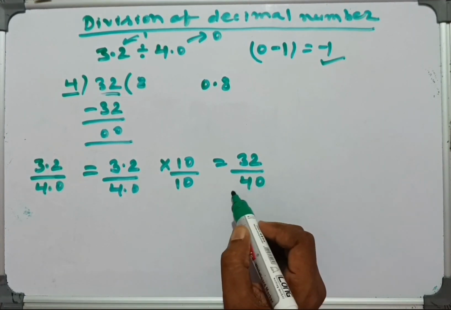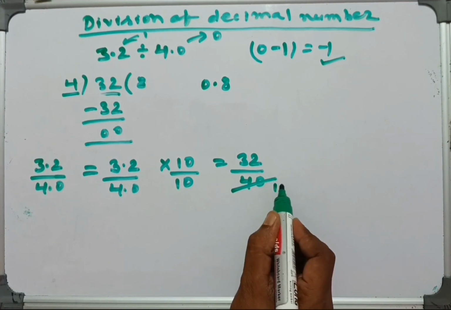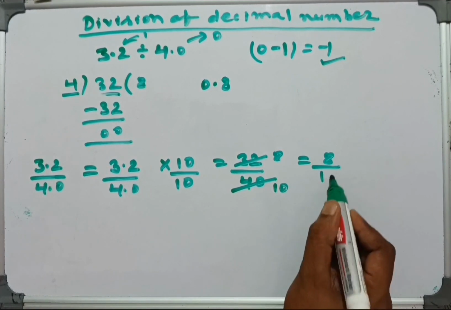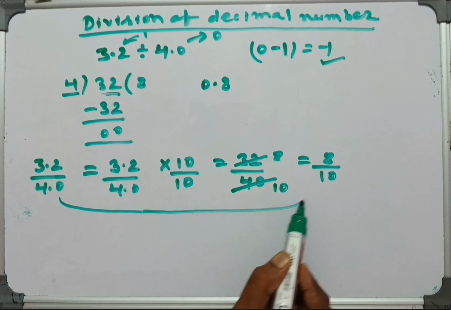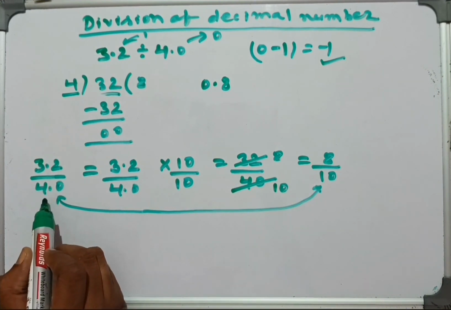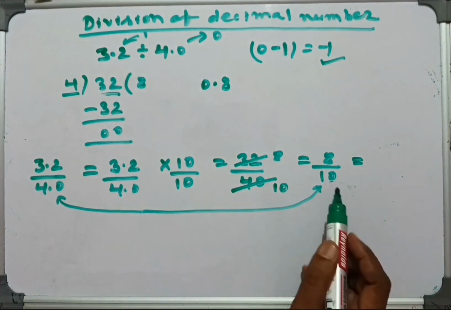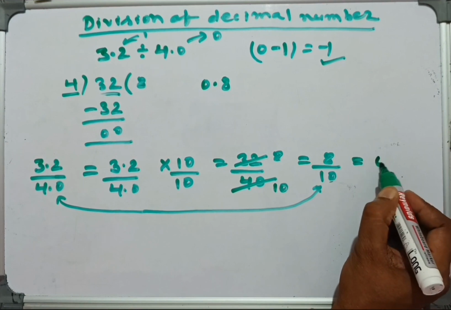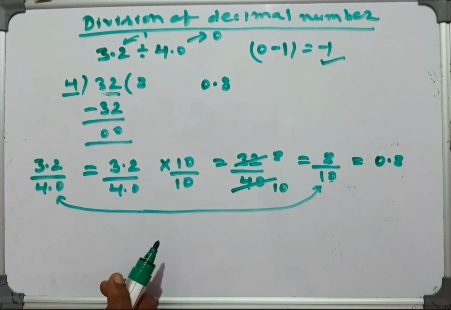Now you know guys, 40 divided by 4 is 10, and this is equal to 8. Now this is 8 by 10. See guys, what we conclude here. You have to make the denominator a power of 10. Here there is only one 0, so the decimal part equals only 1, so the solution is this one.